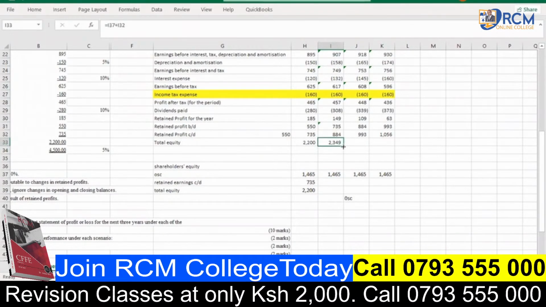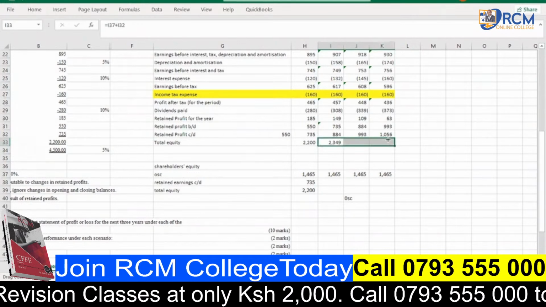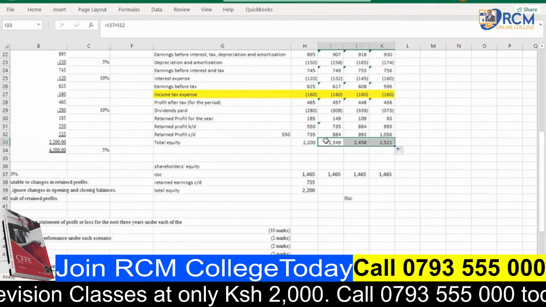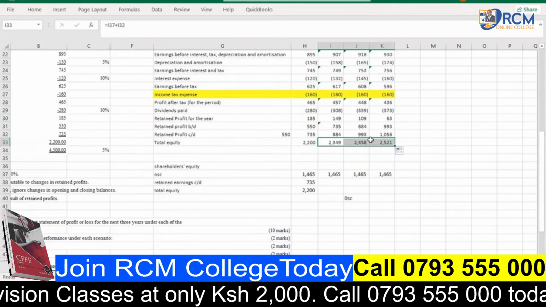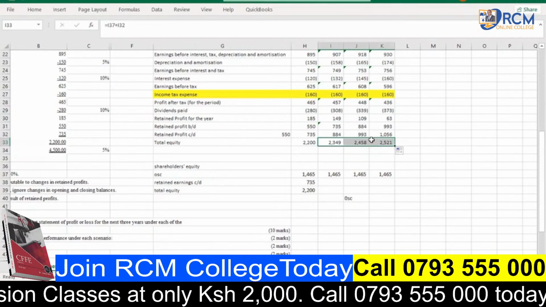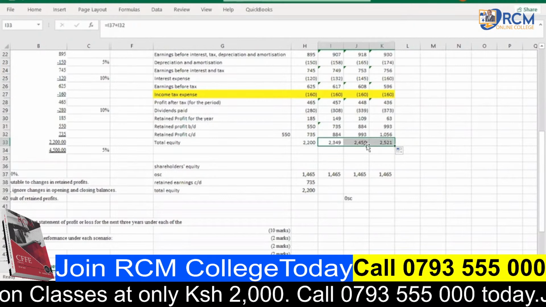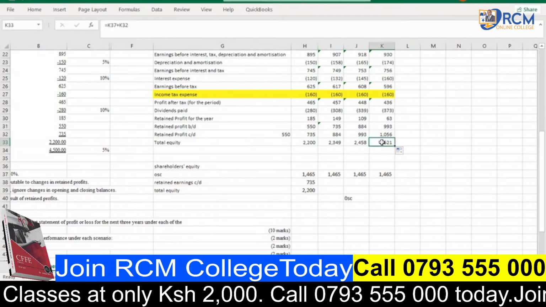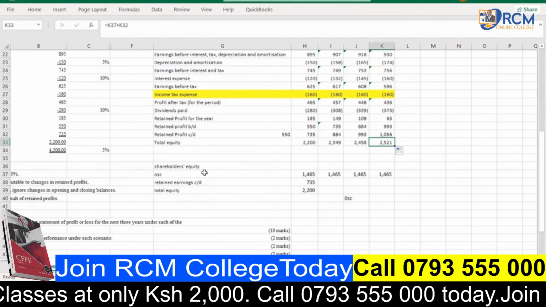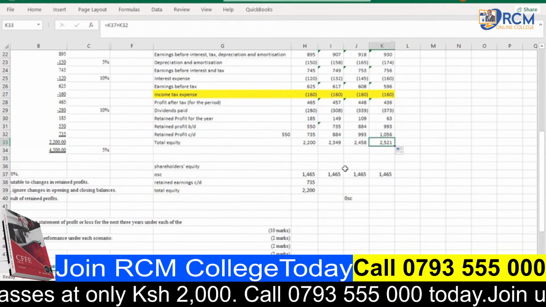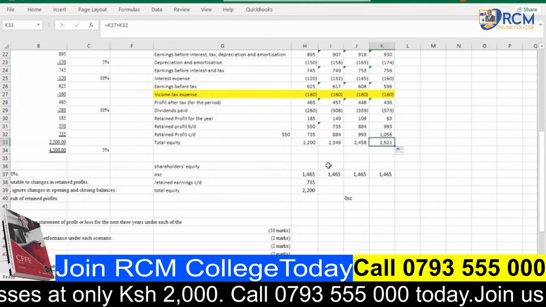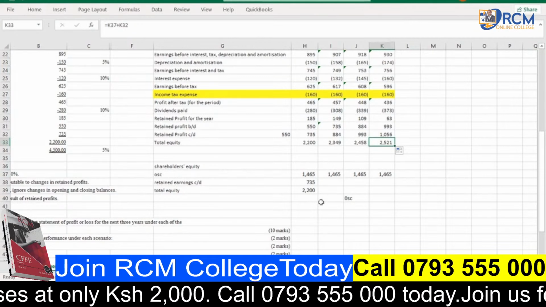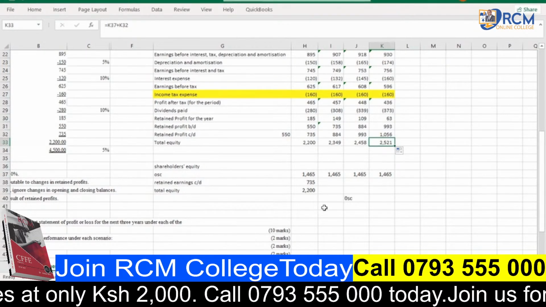Tukifanya hivyo, we will be able to get our total equity for the 4 years. That's how we get the total equity. So you can see the total equity has changed, but not due to changes in ordinary share capital. No, it is due to changes in retained earnings that the examiner talked about.